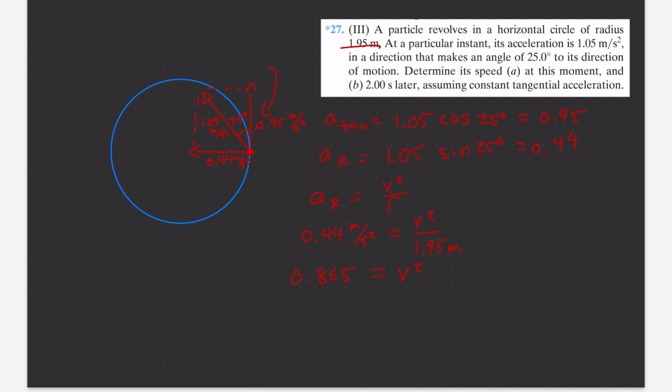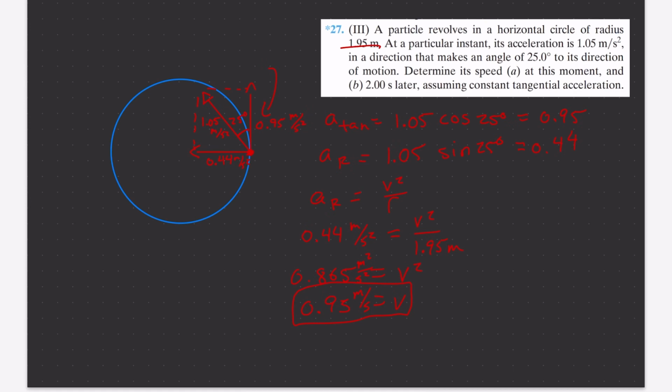If I take the square root of that 0.865, I should get 0.93 is equal to v. So that's 0.93 meters per second. This would have been meters squared per second squared if we're trying to keep up with our units. But this is the velocity right now, and that's going to be pretty important for us to find the velocity 2 seconds later.